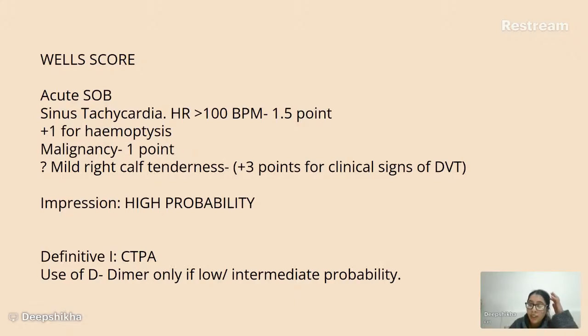If you think the patient has a PE, book the CTPA, and use the D dimer only if you think it's low to intermediate probability. You just want to exclude it. So if you don't think it's a PE, you send off the D dimer, but most of the time we end up sending off the D dimer along with the bloods anyway.